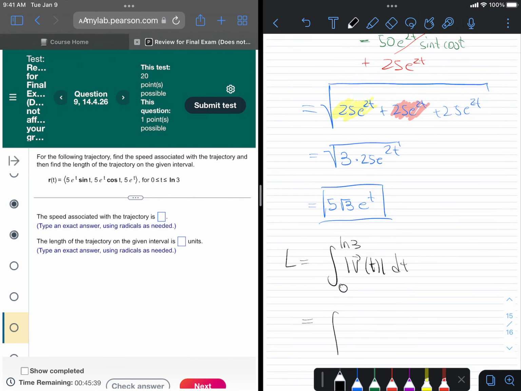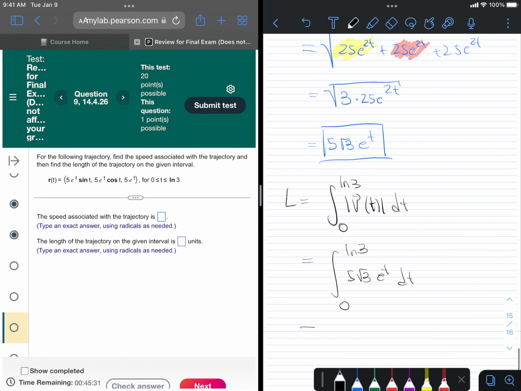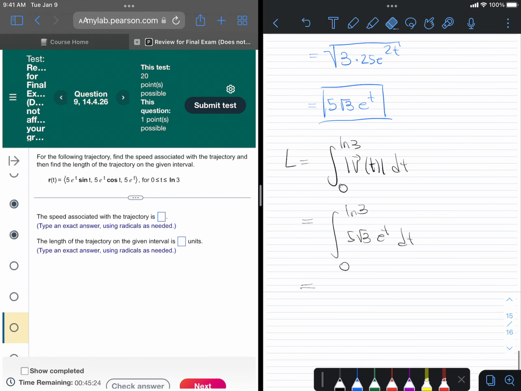So that will be the antiderivative of 5 root 3 e to the t dt from 0 to ln 3. These are constants, so they can come out, and I can just antiderive e to the t, and this antiderivative is just e to the t, because the derivative of the exponential function is the exponential function.